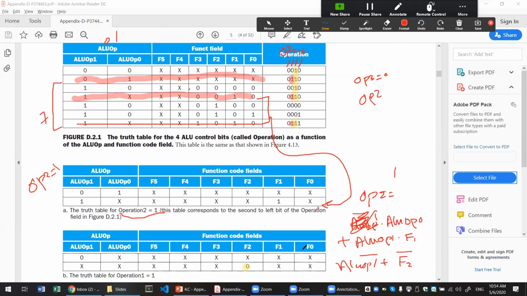Okay, this became the expression for ALU of 1, and you can continue this way, then to calculate ALU of 0 in the same way.